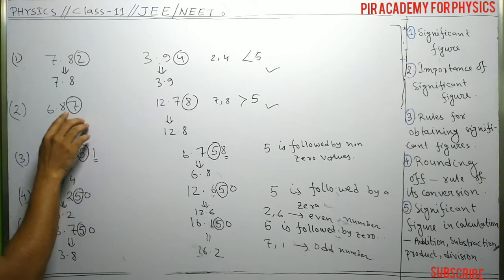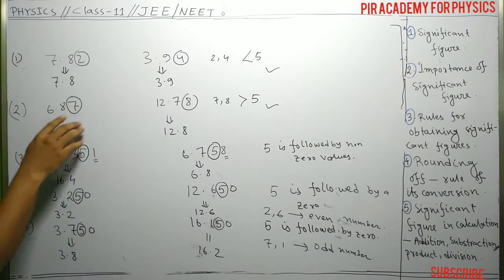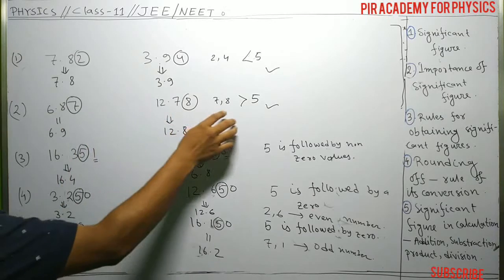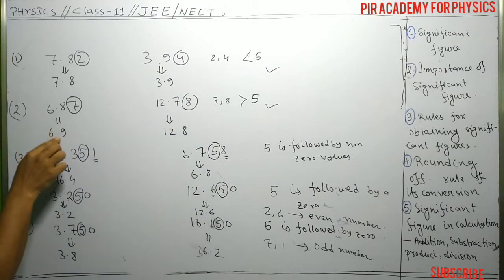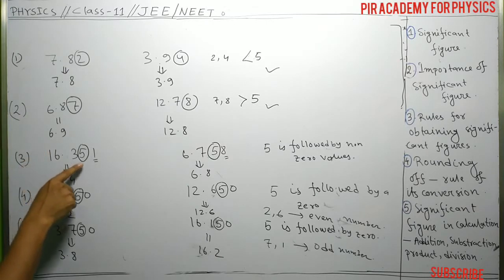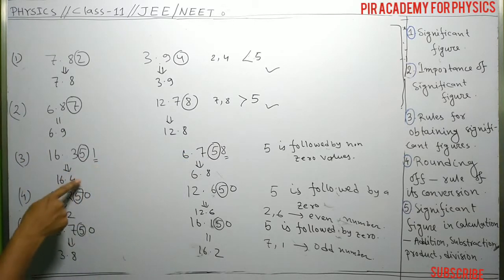If you want to omit this value, and this value is greater than 5, then the preceding number is raised by 1. If the 5 is followed by 1 or non-zero values, then the preceding number will be increased by 1.